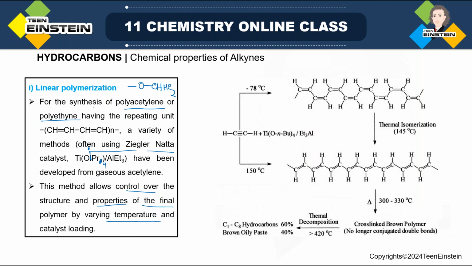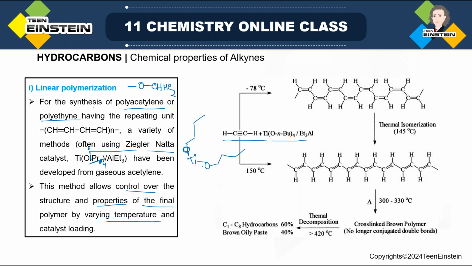Suppose you are starting from acetylene and this is the catalyst. See, you can understand the slight difference. It is not an O-isopropyl group, it is simply an n-butyl group. So with titanium, oxygen is attached and then a linear 4-carbon chain.